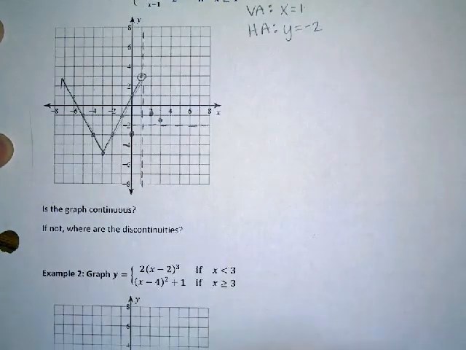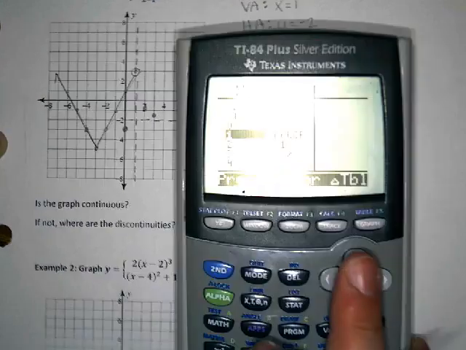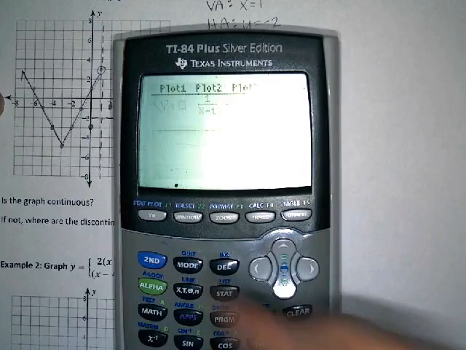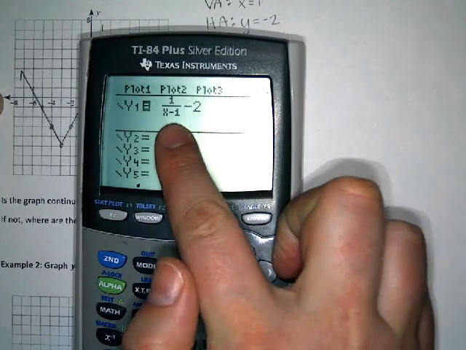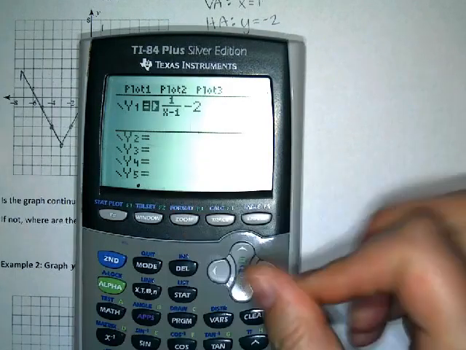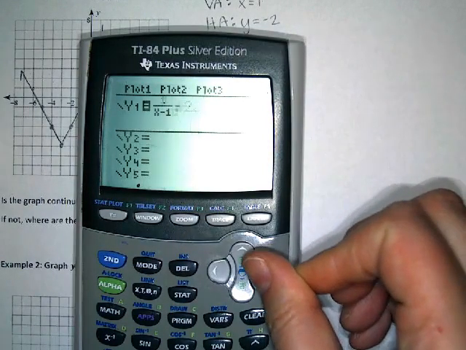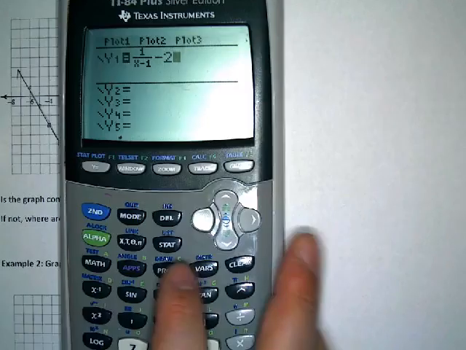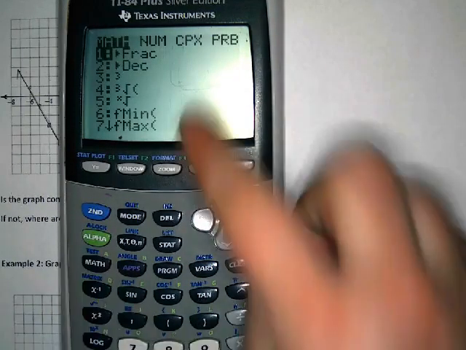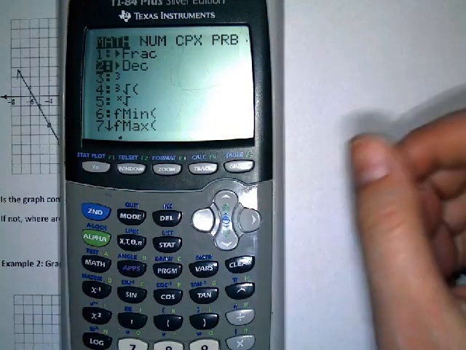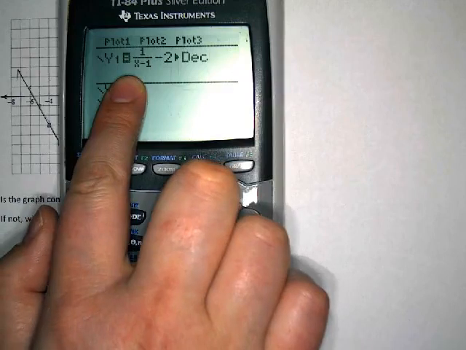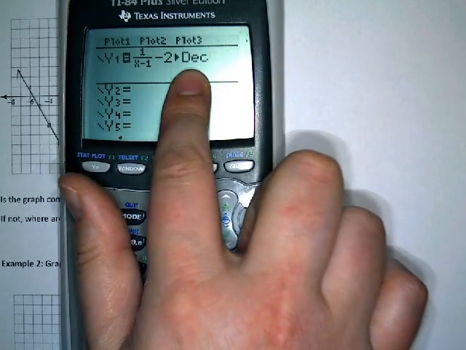If you don't like those being fractions, there's 2 ways you could fix that. One way you could fix it is by typing this in not as a fraction, which I'll show you in a second. The other way is to go to the end of the equation, and you can hit the math button right here at the end of the equation, and you can go down to number 2, which tells the calculator, yes, I typed this as a fraction, but please turn my outputs into decimals.